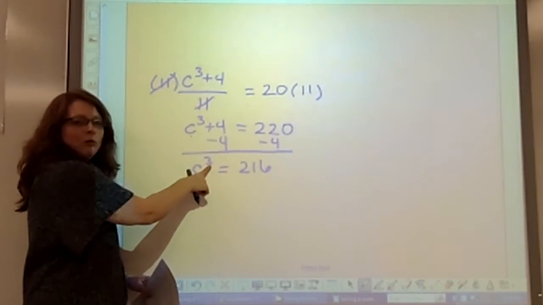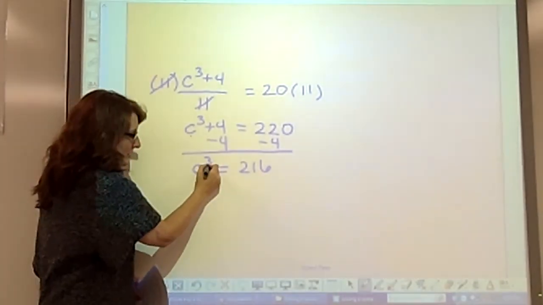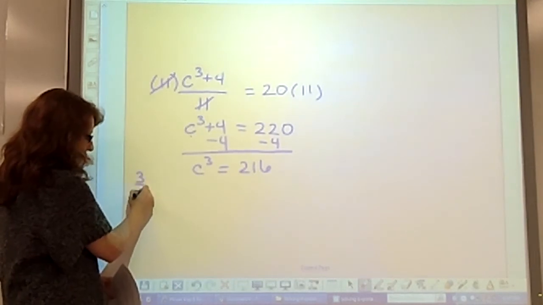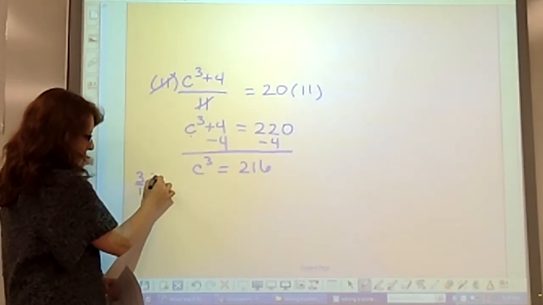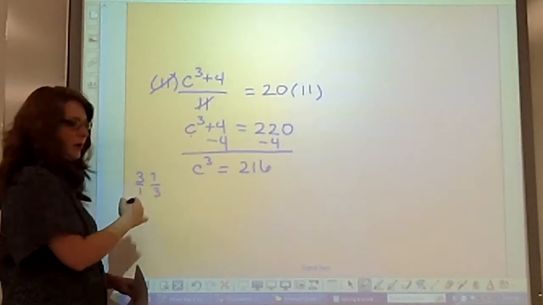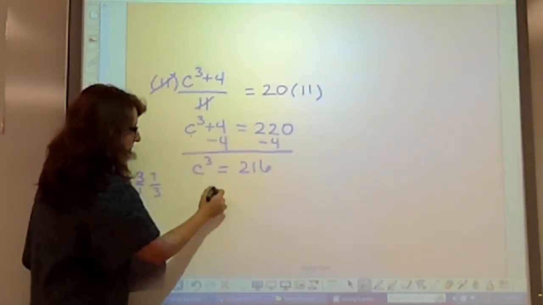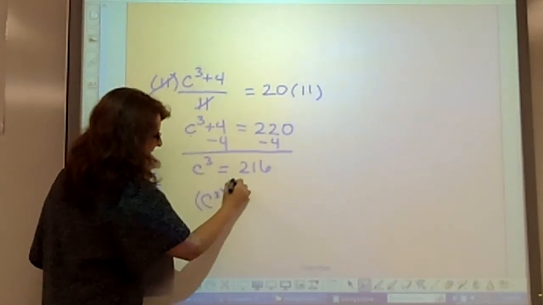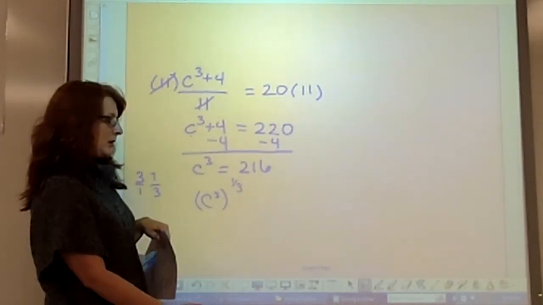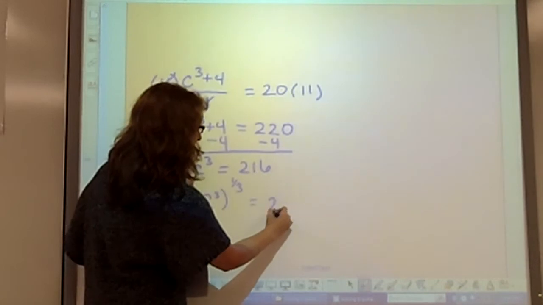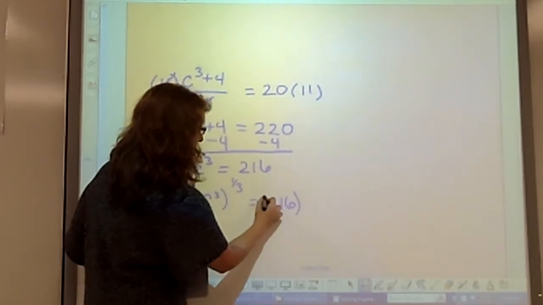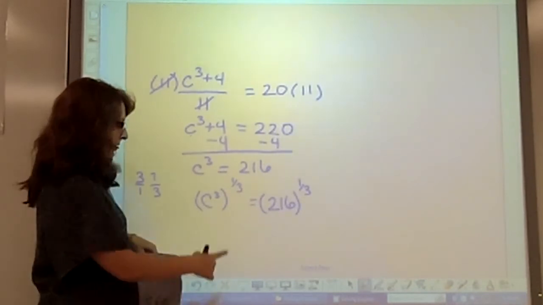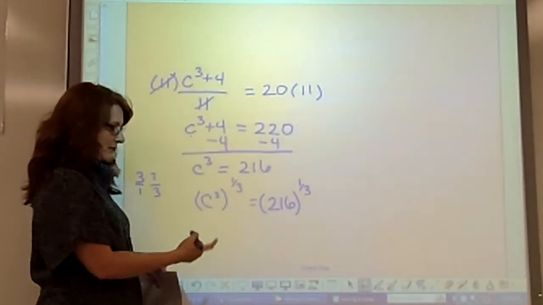Now remember, a whole number is always a 1. So this is really like saying 3 over 1. The reciprocal of 3 over 1 is 1 over 3. So I'm going to raise this, so let's write this so we can see it clearly, up to the 1/3. 3 times 1/3 gives me 1.